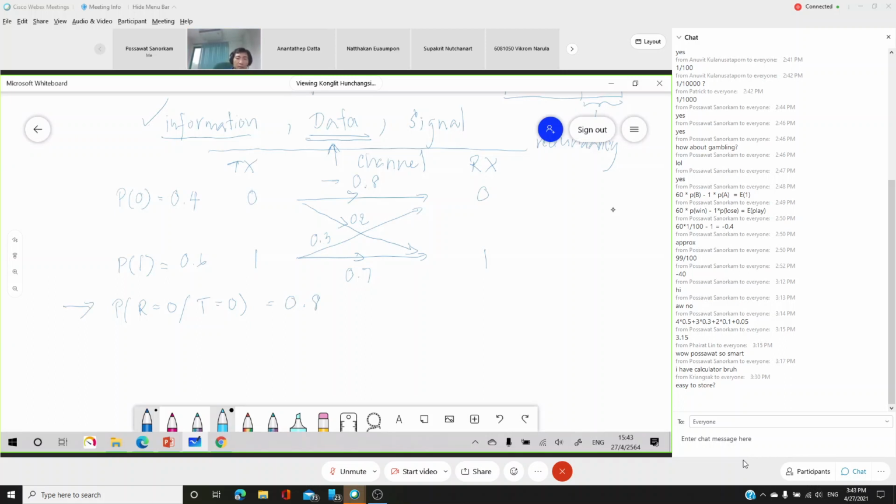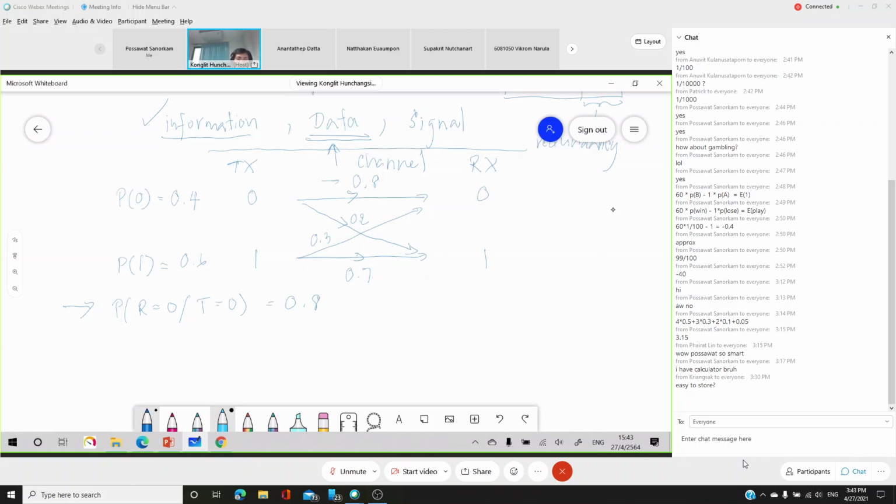This kind of notation, you know what that's called? That's called conditional probabilities. Have you heard of that before? Given that we transmit 0, the probability of receiving 0.